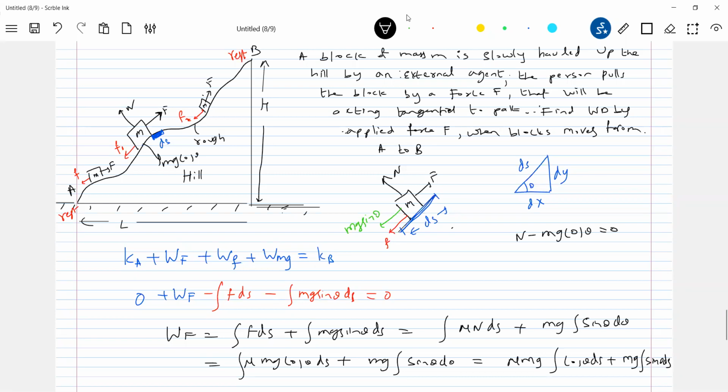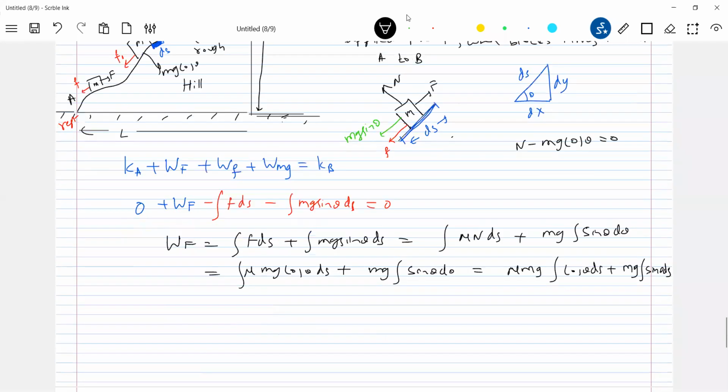Plus mg sin theta into ds. From the diagram, what is cos theta? You can write it as dx by ds, and sin theta as dy by ds. So this will be mu mg. In place of cos theta ds, what can I write? dx.